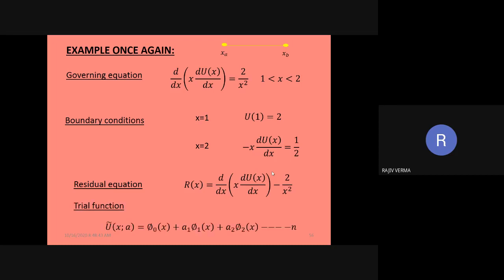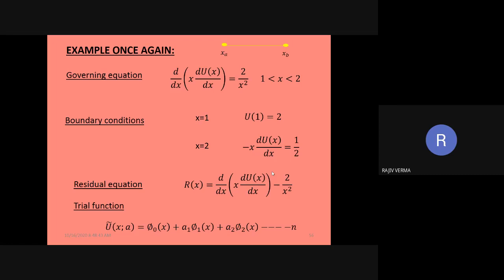Now for the trial function, if you subtract the left and the right hand side of the governing equation, अगर governing equation के left और right hand side को अगर आप subtract करते हैं, तो obviously you get the residual equation.